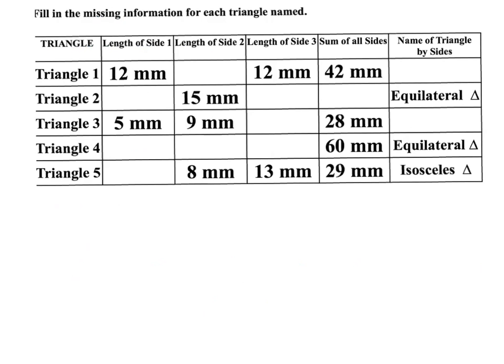Now we're going to try some examples. You should have this chart, and what we're going to be doing with this chart is we are going to use the information to solve the blank. So if we look, for example, for number 1, a triangle has 3 sides, and it gave us 2 sides, and it also gave us the total. So we can take 42, and we know that 2 of the sides together, 12 plus 12 is 24, plus side 2, which we'll say x, equals 42.